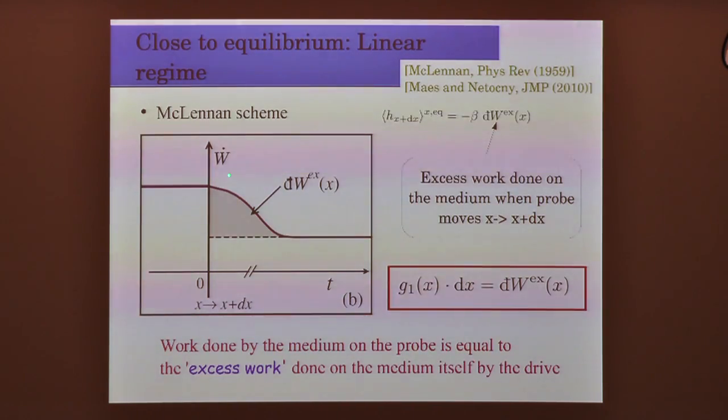So, for a given position of the probe x, there is a constant heat production for the medium. Now when the probe position is changed from x to x plus dx, the system, by system here I mean the medium eta, starts to relax to a new stationary distribution.